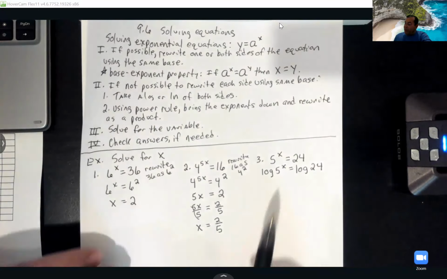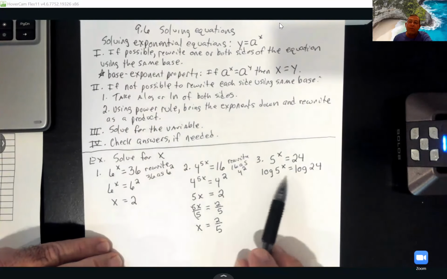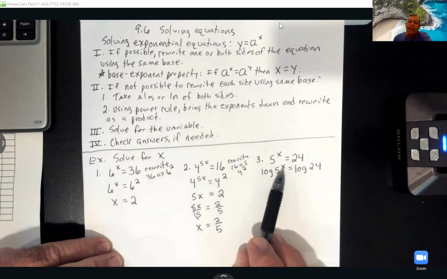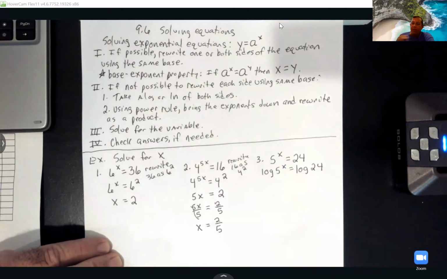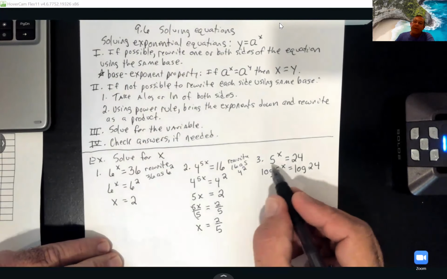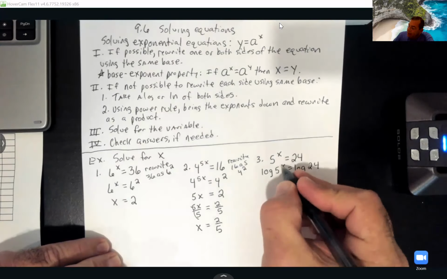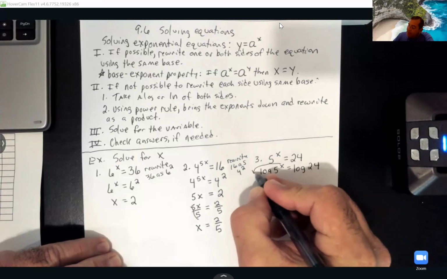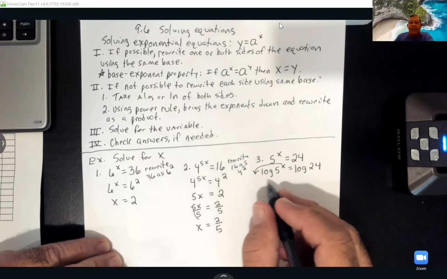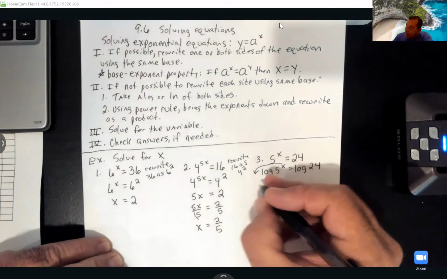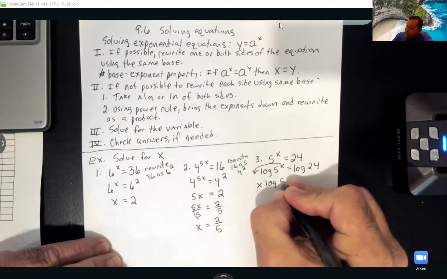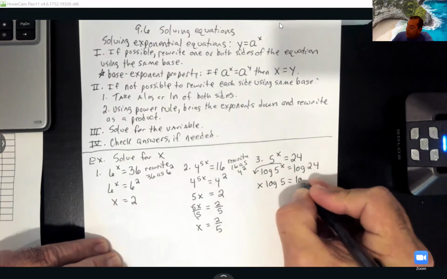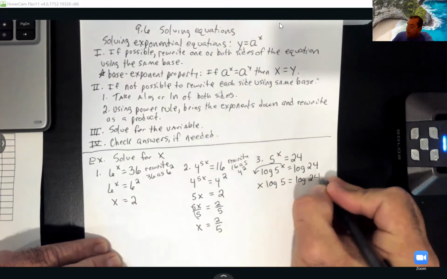And I'll tell you the truth, the whole reason we're taking logs is so I can bring this exponent down to the front using the power rule. Without taking logs, I wouldn't be able to do that, okay? So I want to bring that exponent down to the front and write this left side as a product. So that'll be x times log 5 equals log of 24.